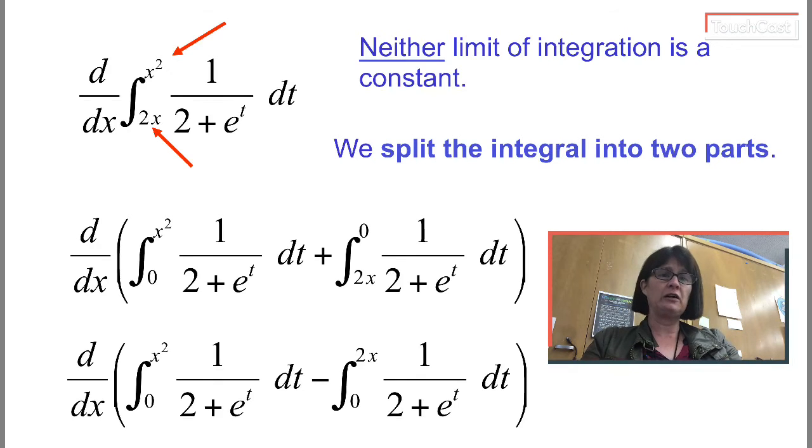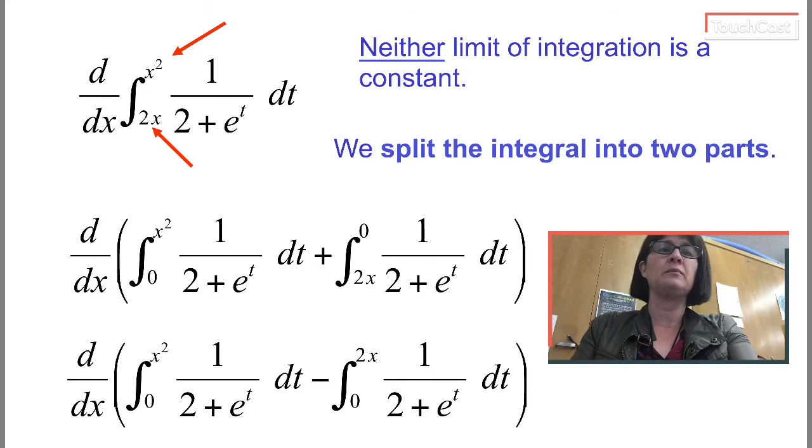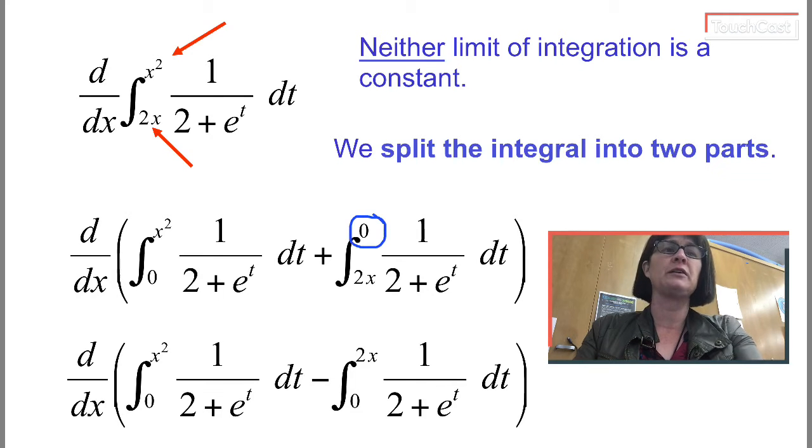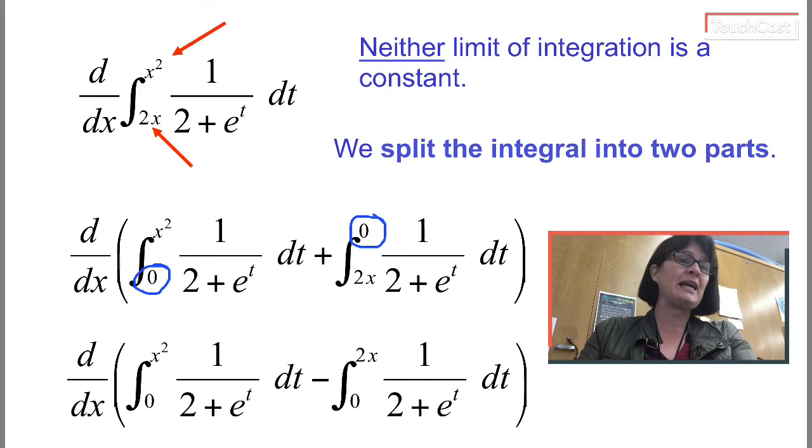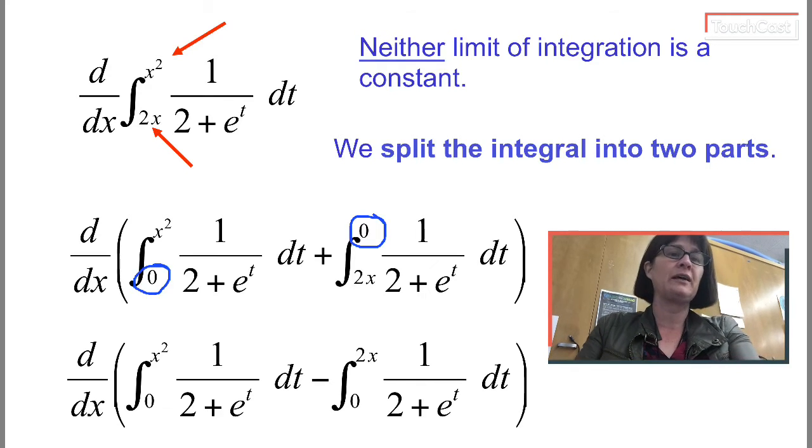So just pick 0. I can rewrite this. Remember, additivity says the integral from 2x to 0 plus the integral from 0 to x squared is the same as the integral from 2x to x squared.